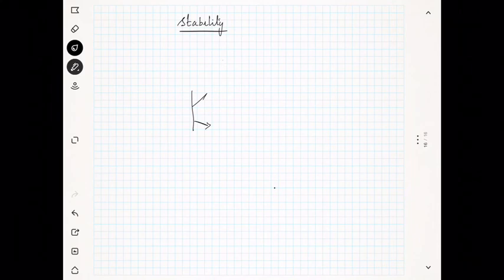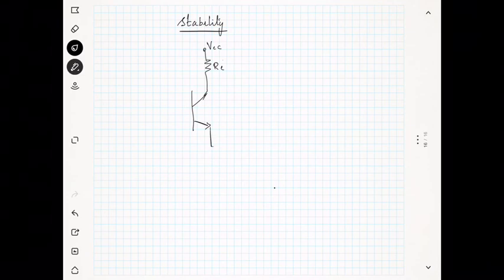The circuit is stable actually. So we will explain the stability of this circuit. First of all, we will be making a qualitative analysis, and we will illustrate that the circuit is stable by using a problem.